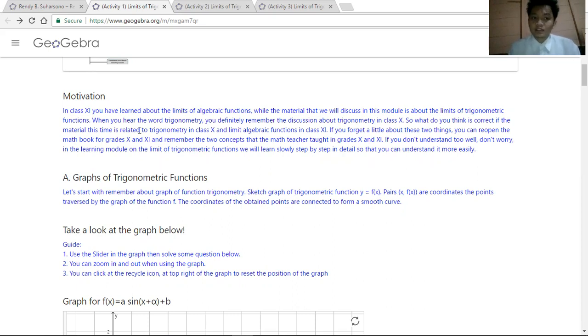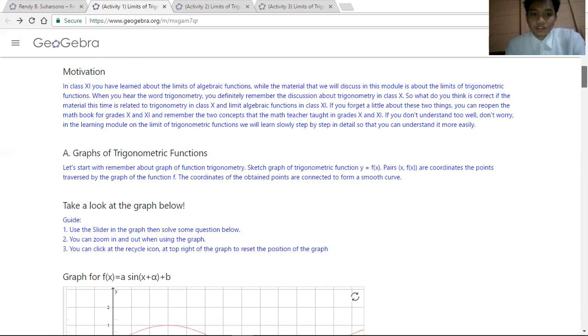This time the material is related to trigonometry in class 10 and limit of algebraic function in class 11. If you forget those two things, you can reopen the math book for grades 10 and 11 and remember the two concepts that the math teacher taught. If you don't understand well, don't worry. In this class, on the limit of trigonometric function, we will go slowly step by step in detail so that you can understand it more easily.